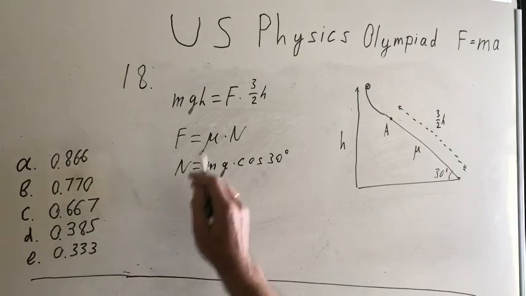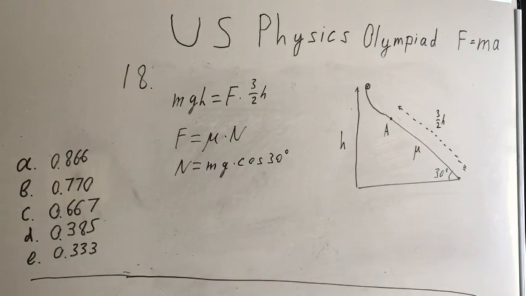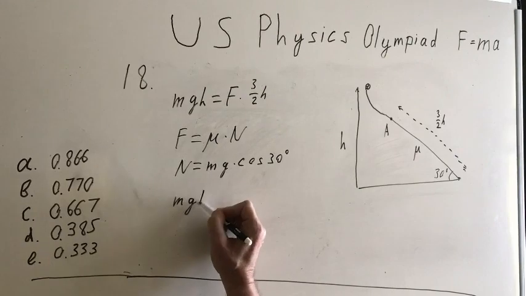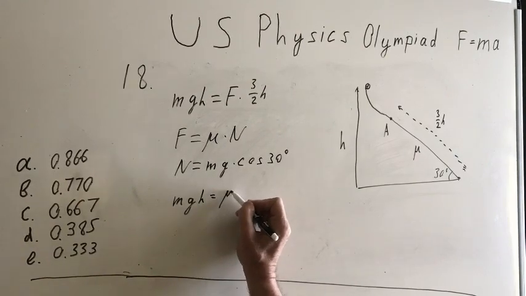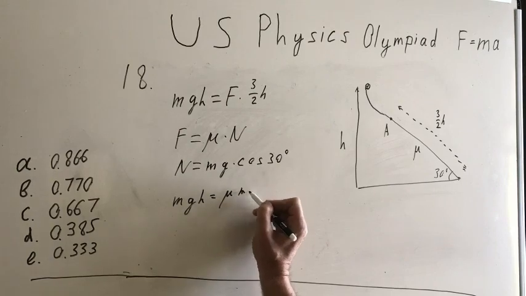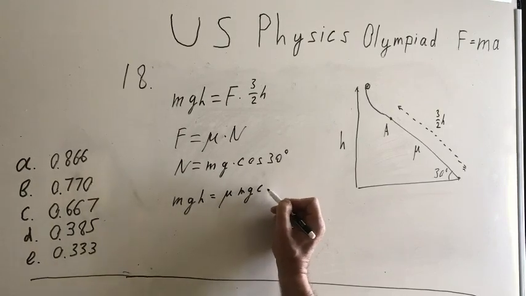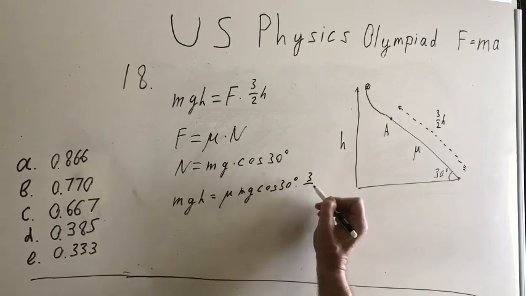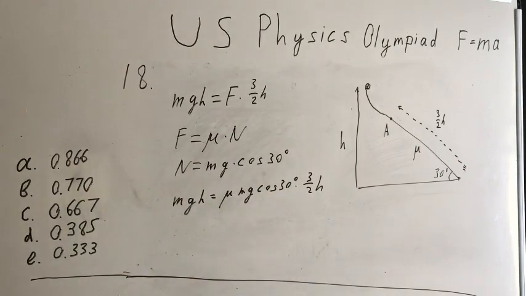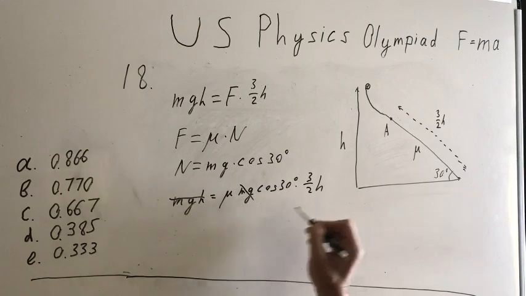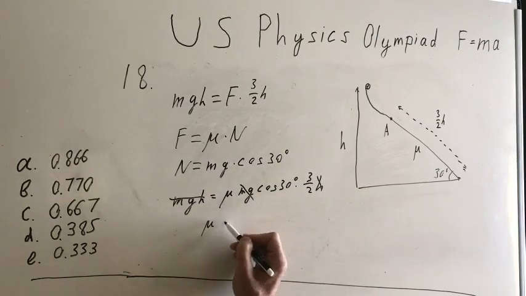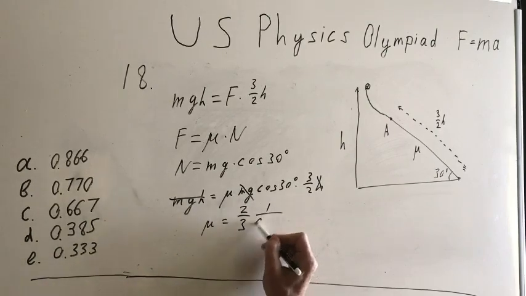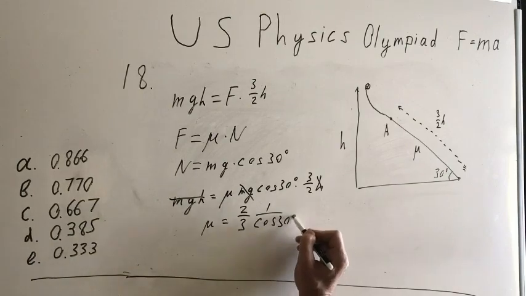So when we put all these values here, we get the final equation: mgh equals mu mg cosine 30 degrees times 3/2 h. So mgh cancels, and finally we have mu equal to 2/3 times 1 over cosine 30 degrees.